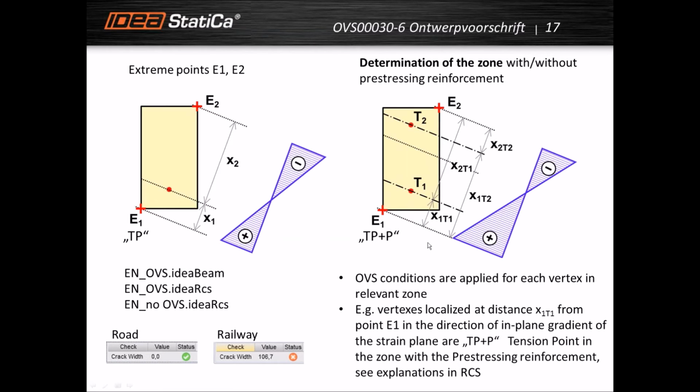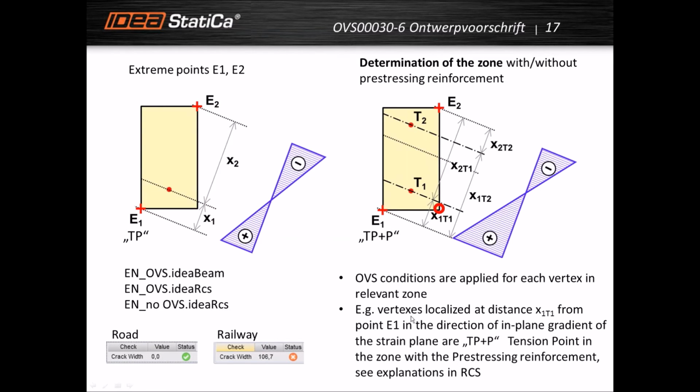Therefore, these OVS conditions are applied for each vertex in relevant zone. If we see this vertex, for example, it is in the zone x1 T1. It means those two vertices are considered as the vertices in the tensile zone with pre-stressing reinforcement.